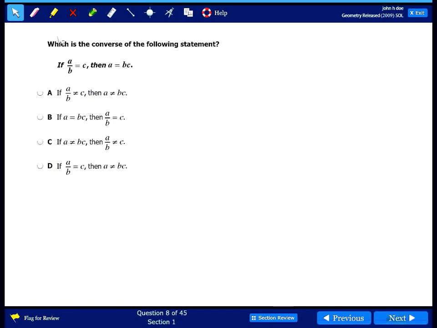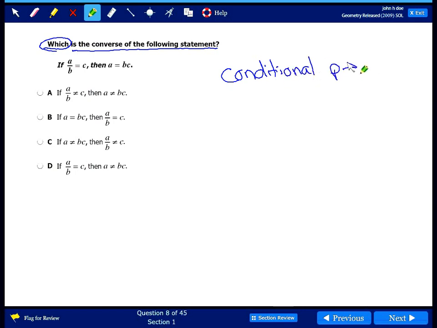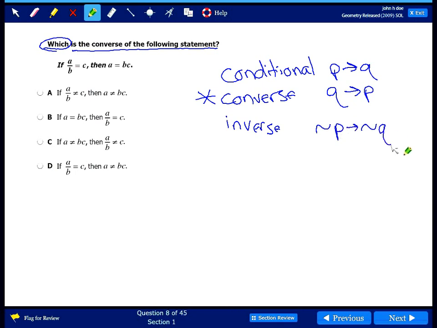This problem here, question 8 says, which is the converse of the following statement? So you should remember the conditional was if P then Q. The converse, which is what we're looking for, was just where we flipped it, if Q then P. The other ones that you need to know are the inverse, which is where we take the original order and we put the nots in, and the contrapositive, which is where we flip the original and put nots in.